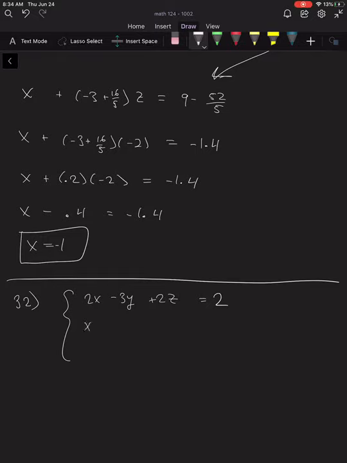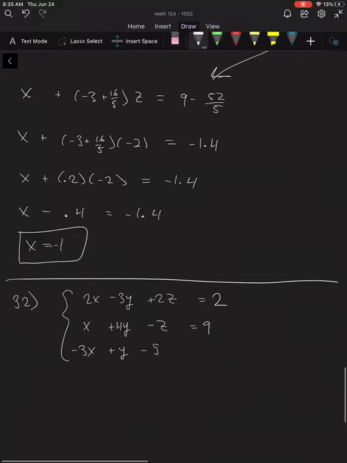Then x plus 4y minus z is equal to 9. And then minus 3x plus y minus 5z is equal to 5. All right, everything looked good there. Yes, I think it seems fine.